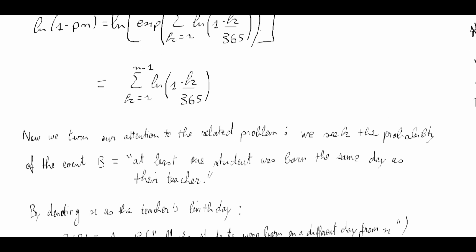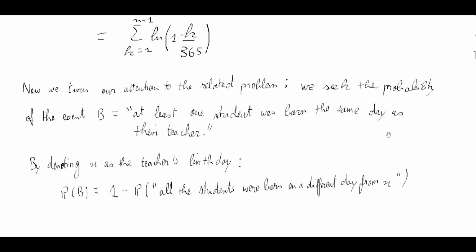Now we turn our attention to the related problem. We seek the probability of the event B, that is, at least one student was born the same day as their teacher. By denoting x as the teacher's birthday, the probability of the event B is equal to 1 minus the probability of the contrary event, which is all the students were born on a different day from x.